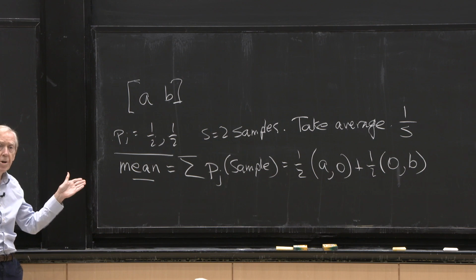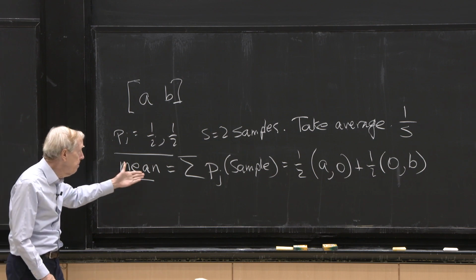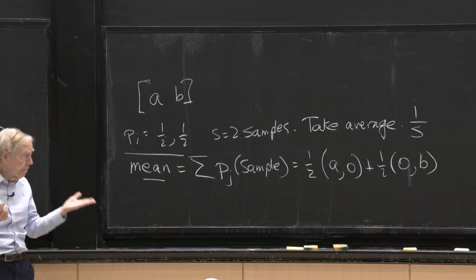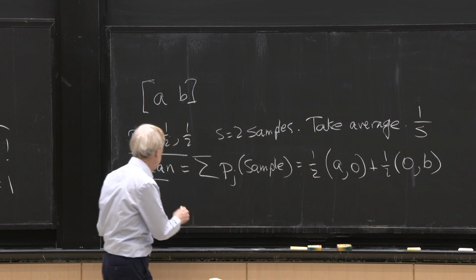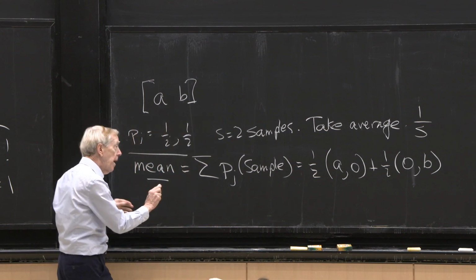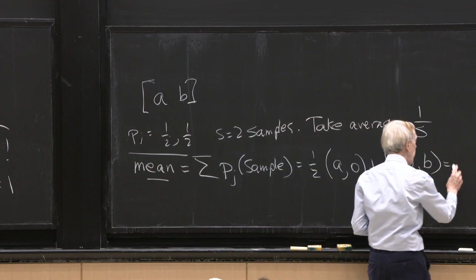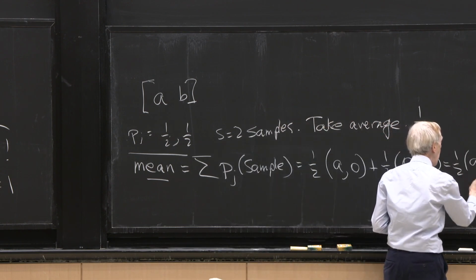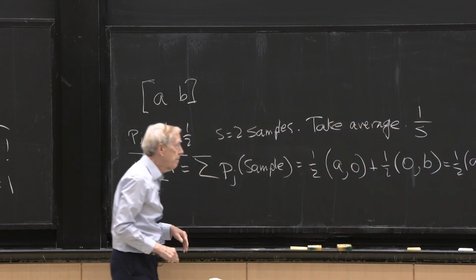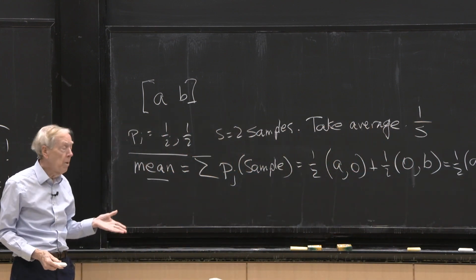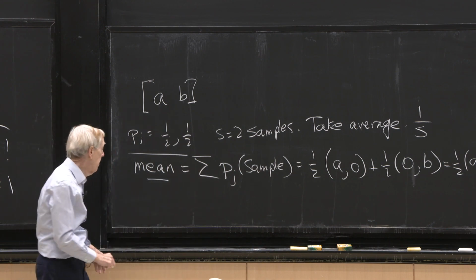So those are my two samples. And computing the mean for each sample, I get half of AB. That was the mean of each sample, because my probabilities were equal, half and half.